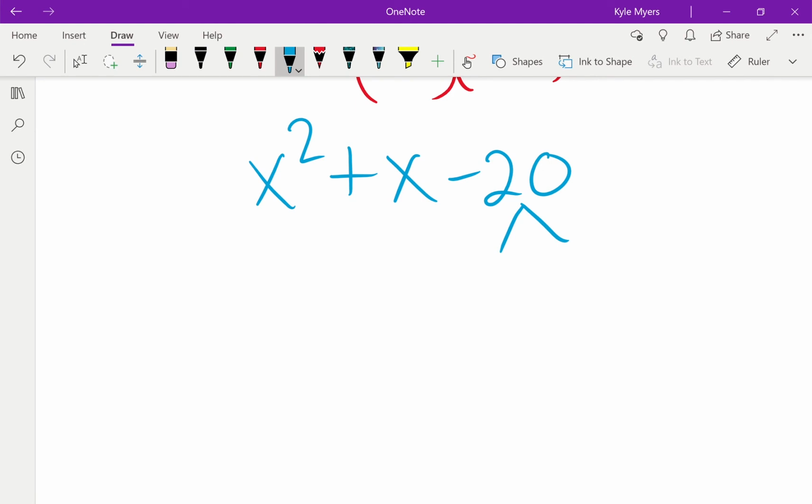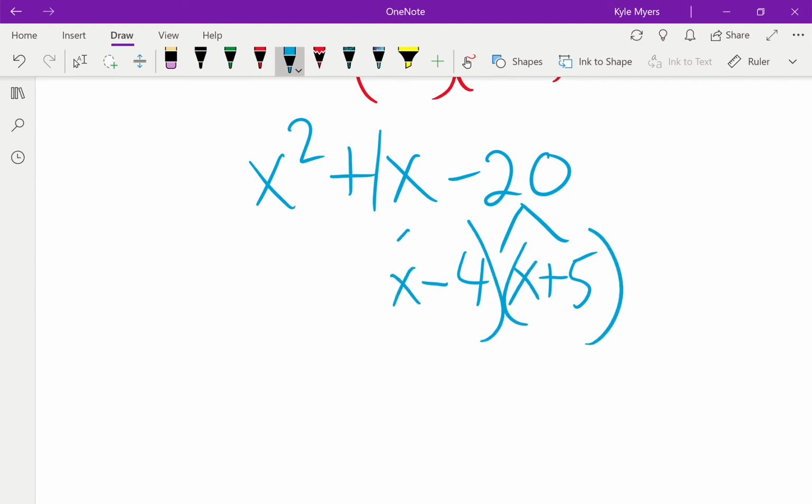So that doesn't work either. And you just cycle through them until you find the one that works. Eventually you'll end up with 4 and 5. 20 does not go into 3, so I wouldn't have even tried that. I would go from 1 to 2, skip 3, and then get a 4 here. So those are all the factors. And I want a positive 1, so I want negative 4 and positive 5. And there you go.